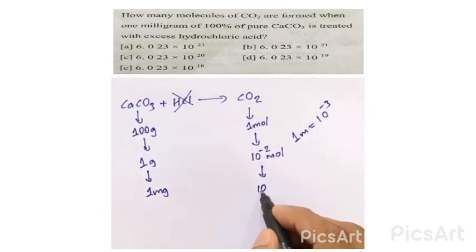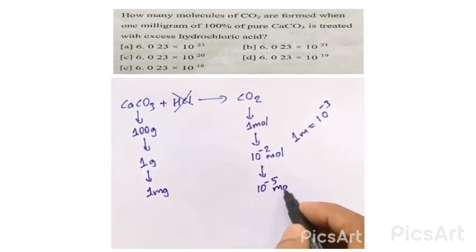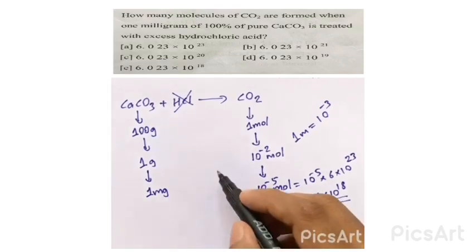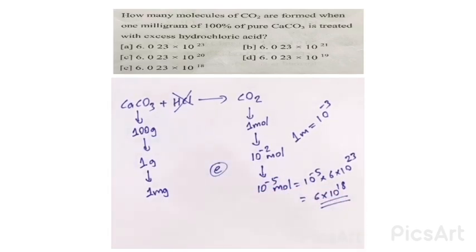So it becomes 10 raised to minus 5 mole. 10 raised to minus 5 mole equals 10 raised to minus 5 into Avogadro number. So the answer will be 6 into 10 raised to 18. That is option E.